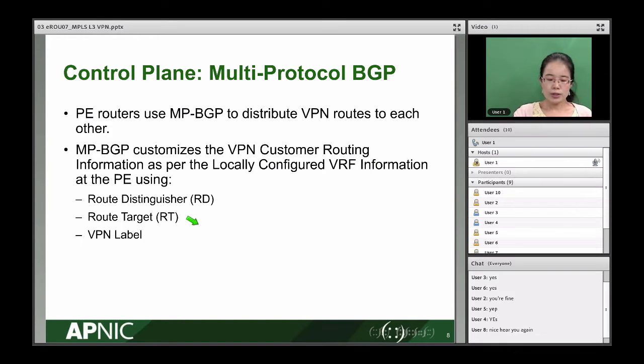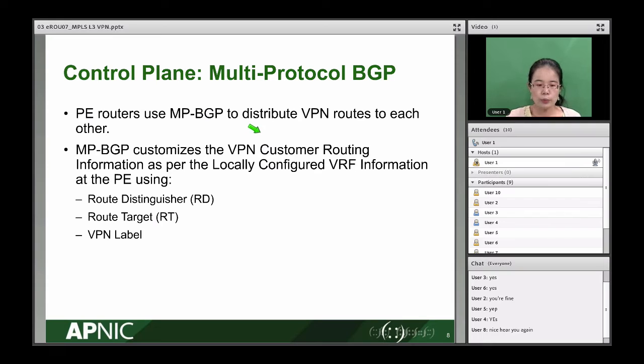The RD and RT, route distinguisher and route target, are very important parameters for the control plane, and we will explain how to use them. Also the VPN label, I want you to remember, is the first label we are using in MPLS layer 3 VPN, allocated by MP-BGP, and we will see how it allocates labels.